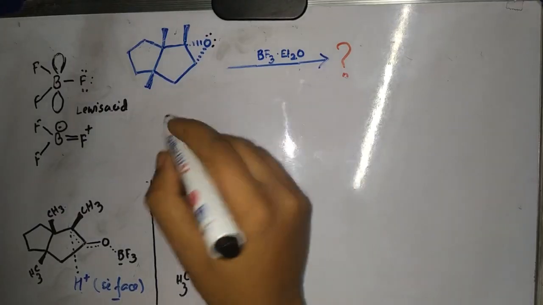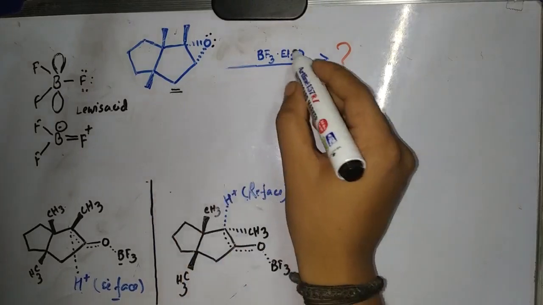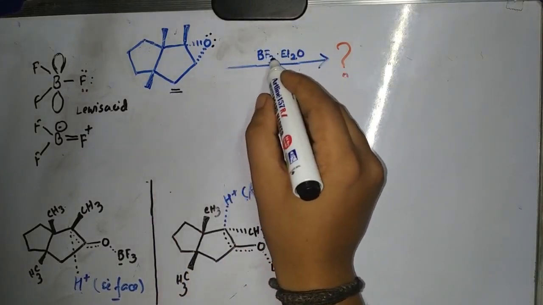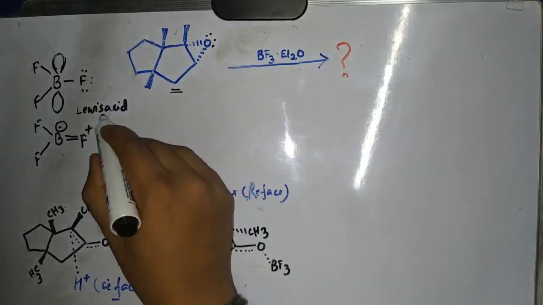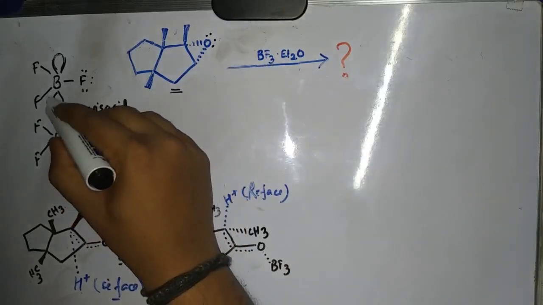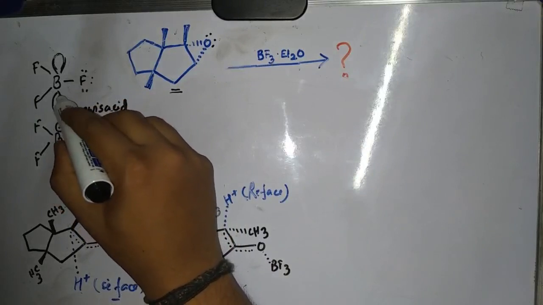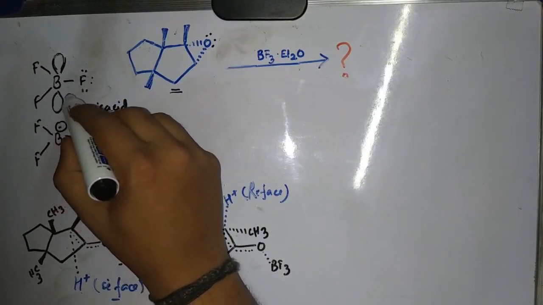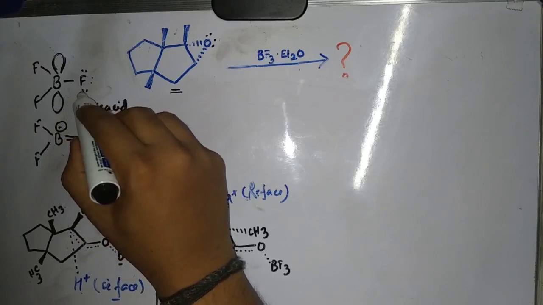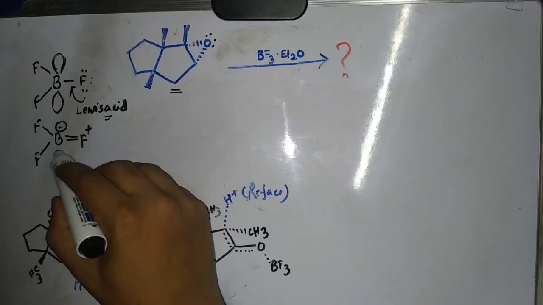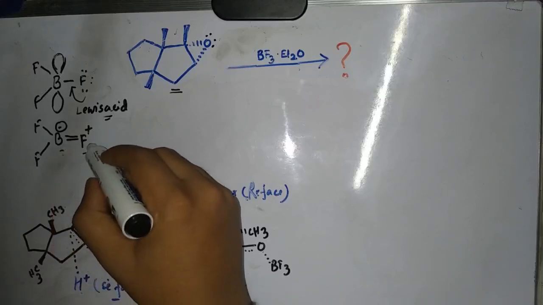This is our starting material and this is the reaction condition. In this reaction condition you can see BF3 etherate is given. BF3 is a Lewis acid because boron has a vacant p orbital, and in this vacant p orbital it can accept electrons. If it accepts electrons intramolecularly, it will accept the electrons of the fluorine and form a resonating structure where the boron has a negative charge and fluorine has a positive charge.